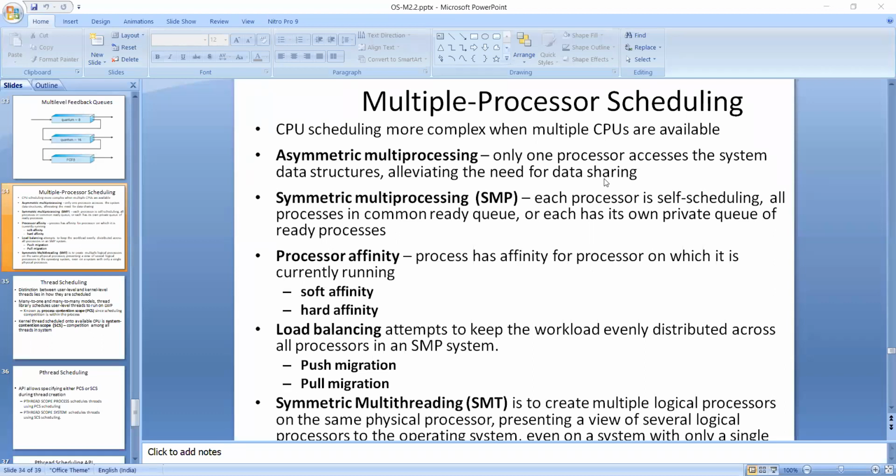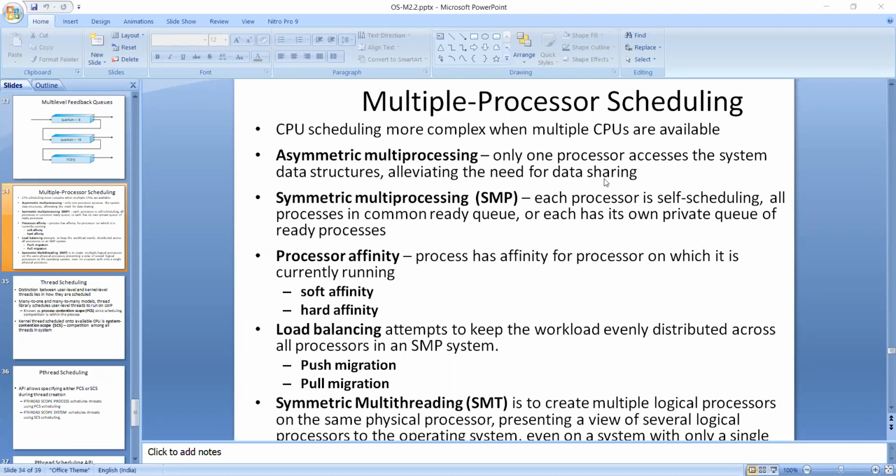One approach to CPU scheduling in a multi-processor system is where all the scheduling decisions, IO processing and other system activities are handled by a single processor. That processor we call a master server.